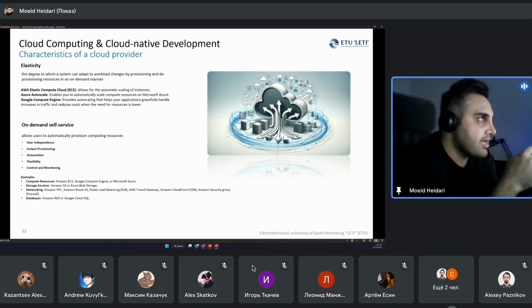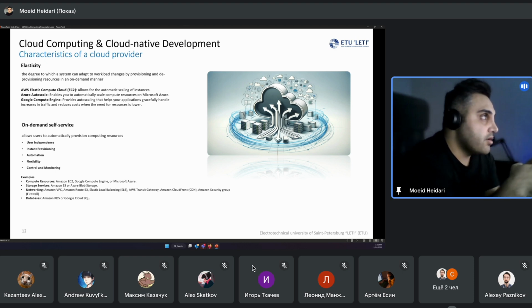AWS Elastic Compute Cloud, or EC2, allows for automatic scaling of instances. It means that it's an elastic system. Azure Autoscale enables you to automatically scale compute resources on Microsoft Azure, and Google Compute Engine provides autoscaling that helps your application handle increases in traffic, in requests, in computation, and all of those things.